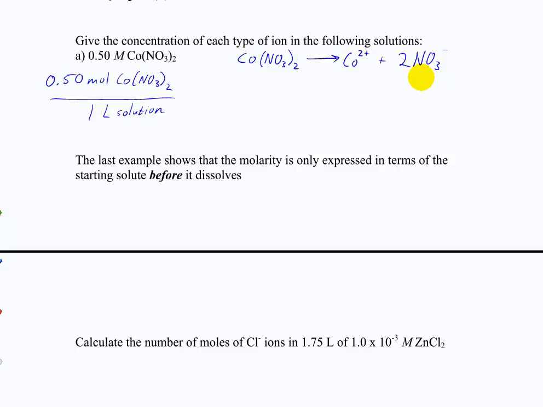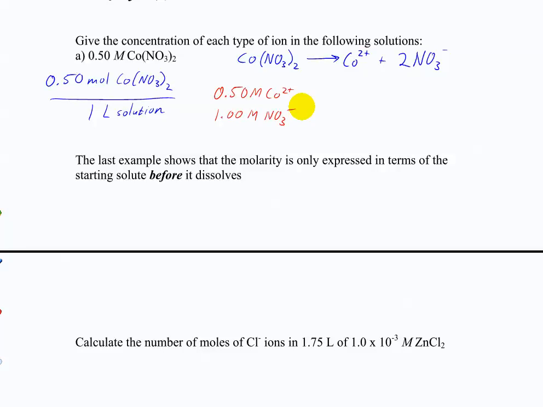So the answer is that in this solution, our concentration is 0.50 molar in cobalt, but it's actually 1.00 molar in nitrate. This molarity was expressed in terms of the compound before it dissolves, but in the actual solution, the concentration of nitrate is 1 molar, whereas the concentration of cobalt is 0.5 molar.